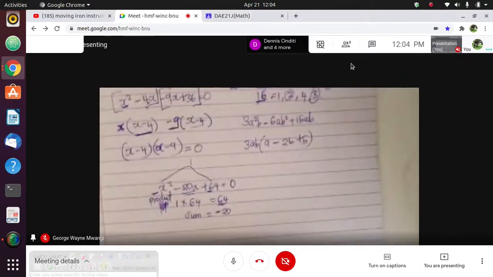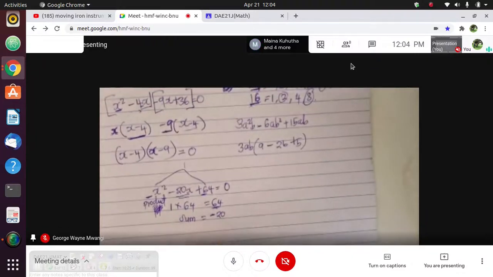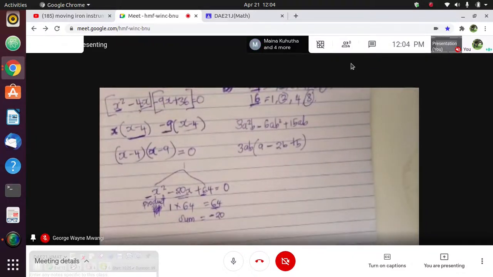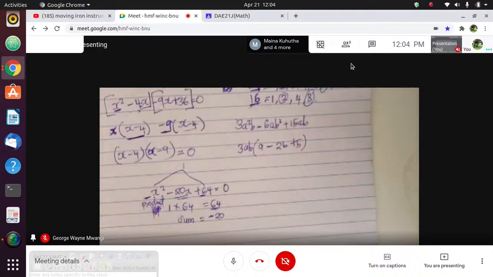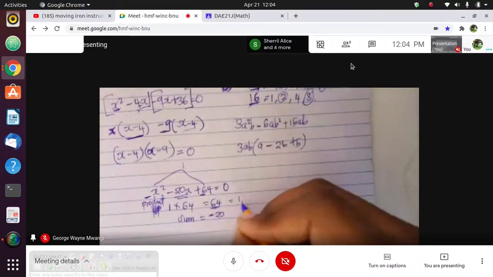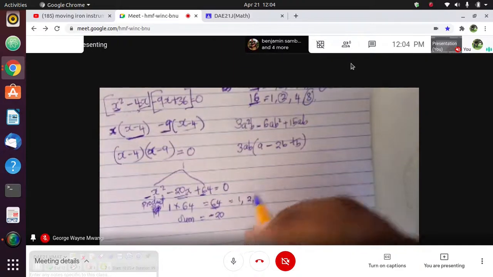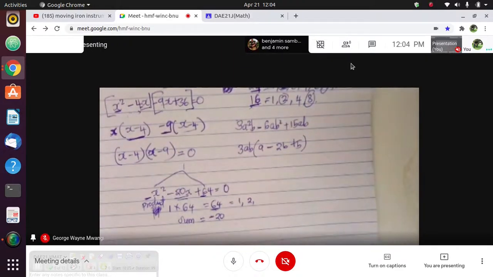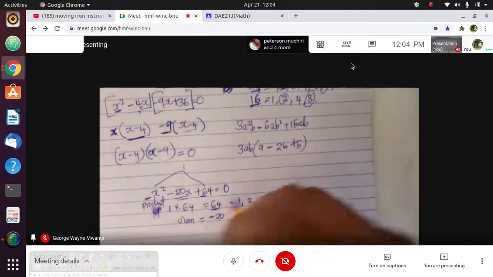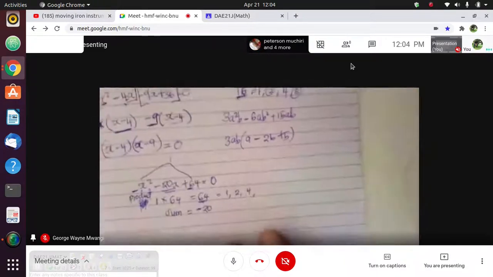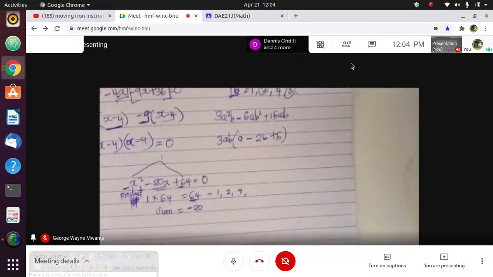What do we do? The first thing that we do is we find the multiples of 64. The multiples of 64 are very many. 1, 2. Is 3 a multiple of 64? No, it is not. But 4 is. 5 is not a multiple of 64. 6? No, it is not. 7?